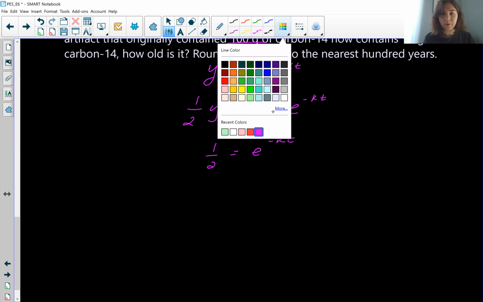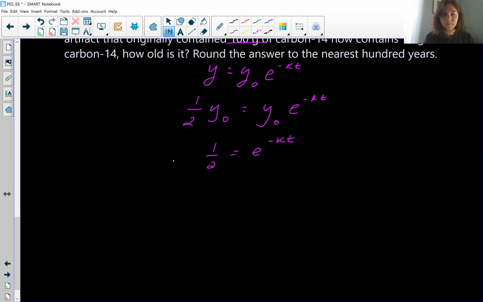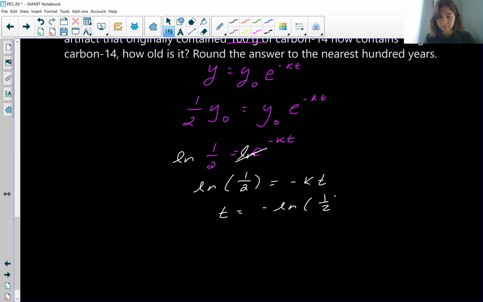Take the natural log of both sides. Again, that's going to cancel out our e right here. Then we're going to have natural log of 1/2 equals negative kt when we bring down that exponent. t is going to equal negative natural log of 1/2 divided by k.